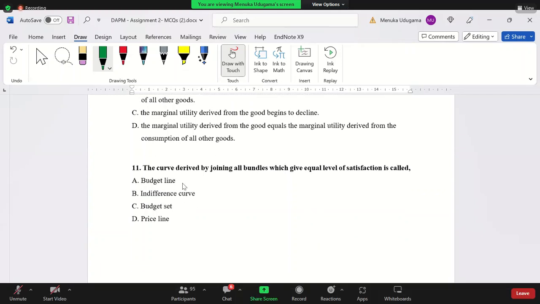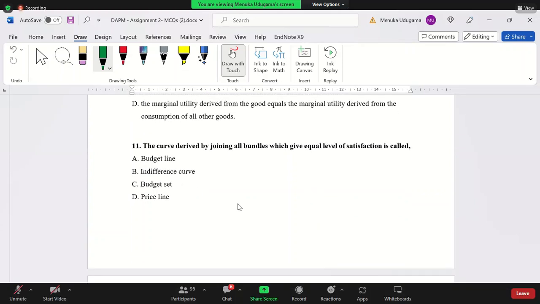Question 11. The curve derived by joining bundles which give equal level of satisfaction. What was this called? What was the graph that gave us, let's say, bundle 1 or good 1 and good 2. What was this called?